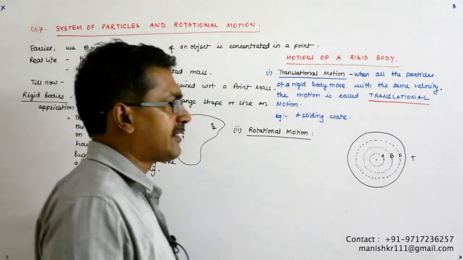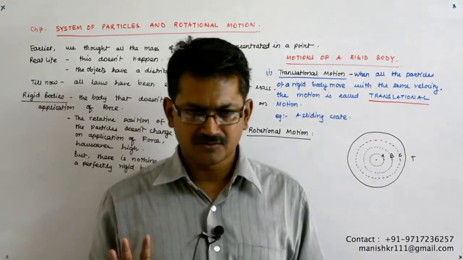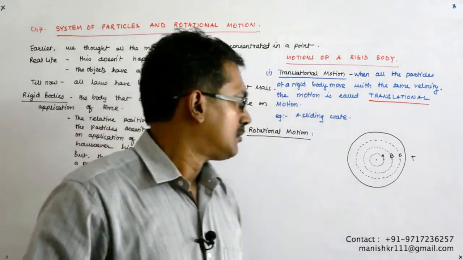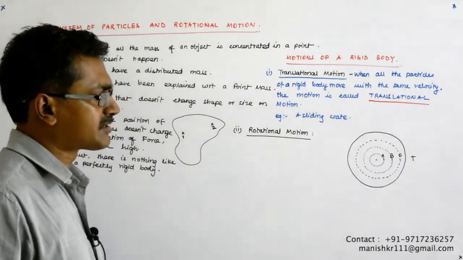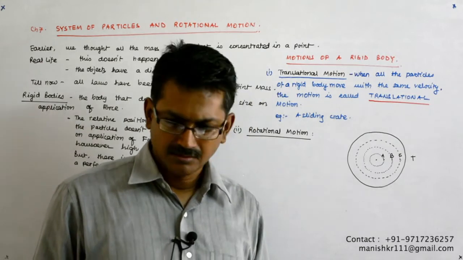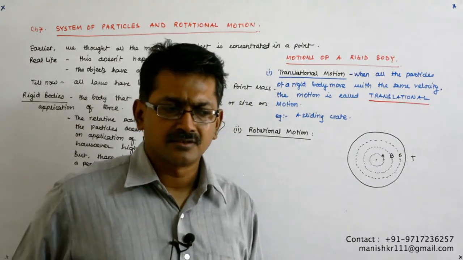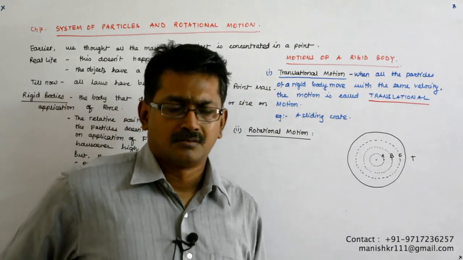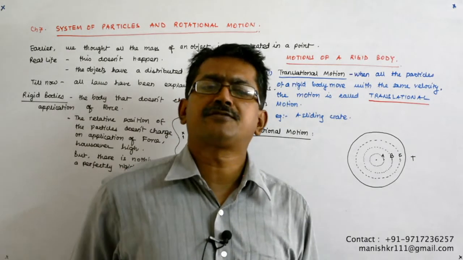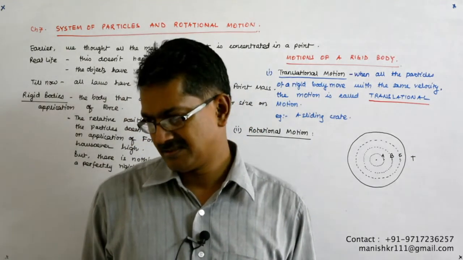What is the time they have taken to complete this circle? The same time. All of them have taken the same time. Now, which has moved a longer distance? C. In the same time, C has travelled a longer distance. So the velocity of C has to be the highest amongst the three.